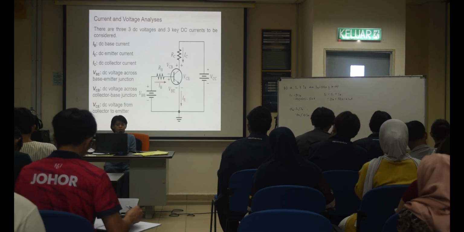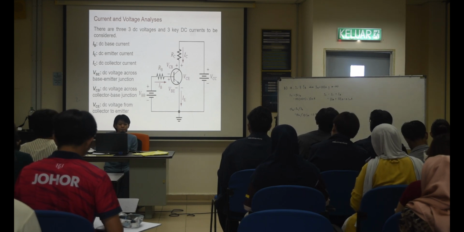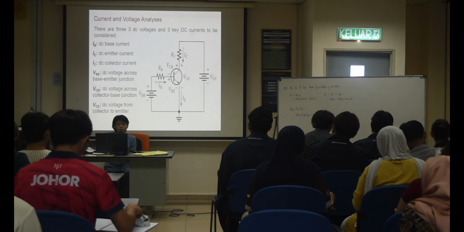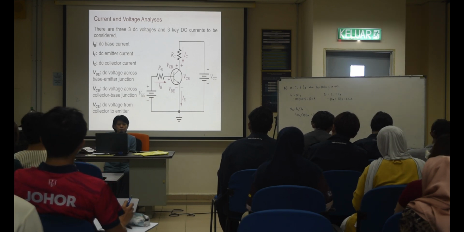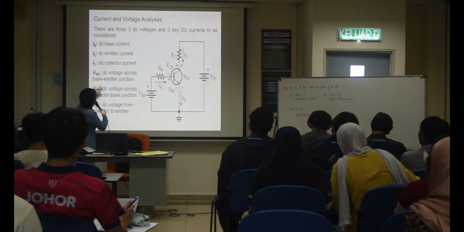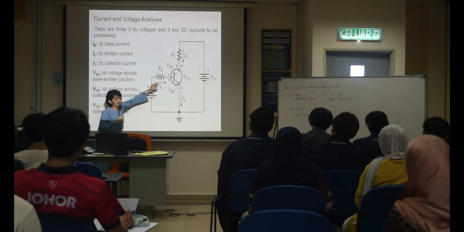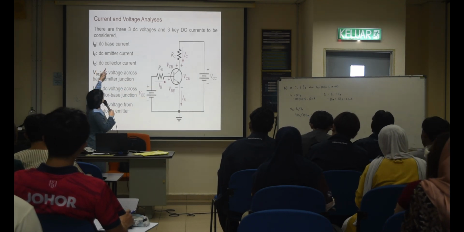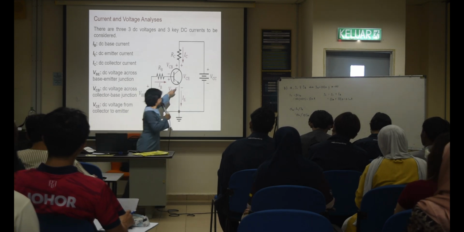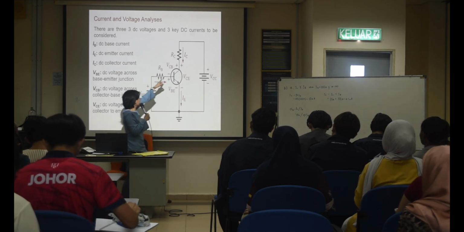Now we go to current voltage analysis. There are 3 DC voltages and 3 key DC currents to be considered. IB is your base current, IE is your DC emitter current, and IC is your collector current.